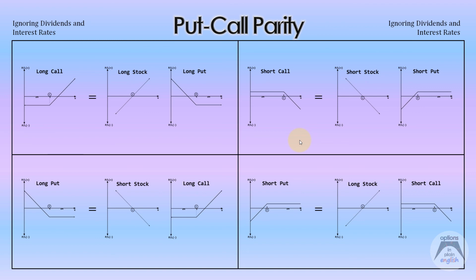It's the same situation. In your mind, it's much easier to understand what a short put is if you think about one single profit and loss profile rather than the combination of two. Okay, so I think this is very important. This is going to make a difference in your trading.